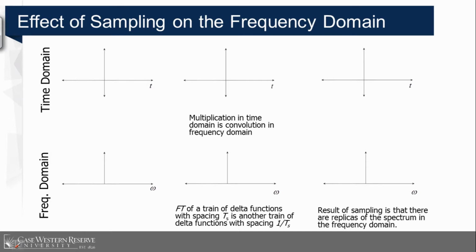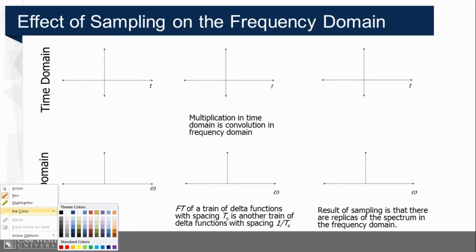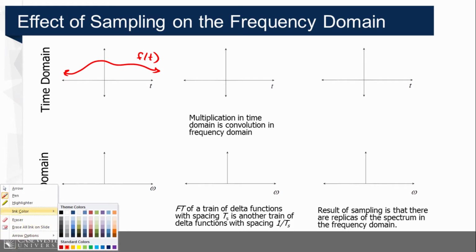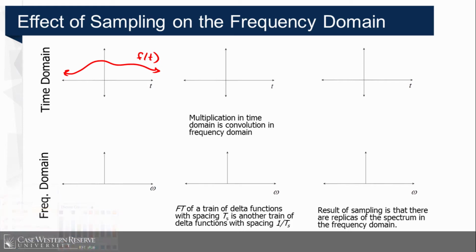So I'm going to draw my continuous time signal one more time. So let's say I have some infinite signal here. It looks something like this. This is going to be my f of t. And then I'll draw my sampling points here. So this is my train of delta functions, which again goes on forever and ever.